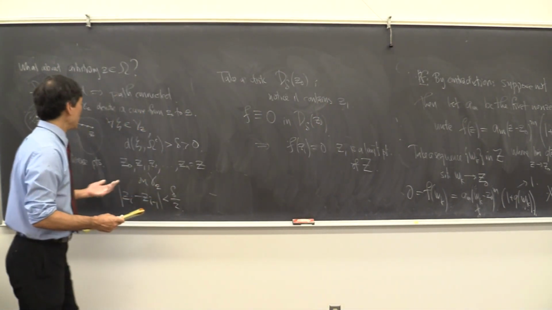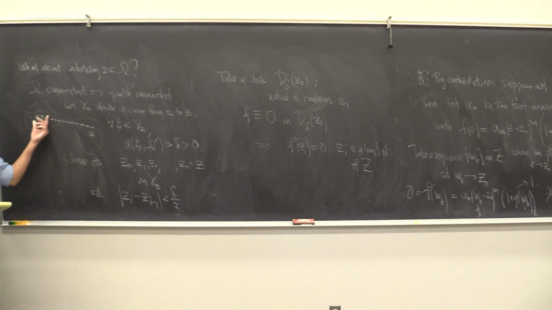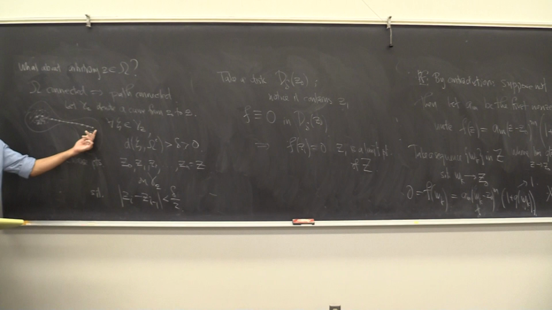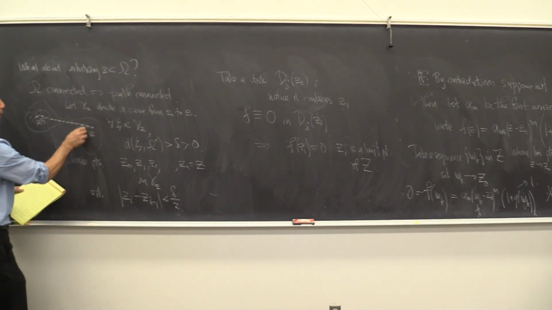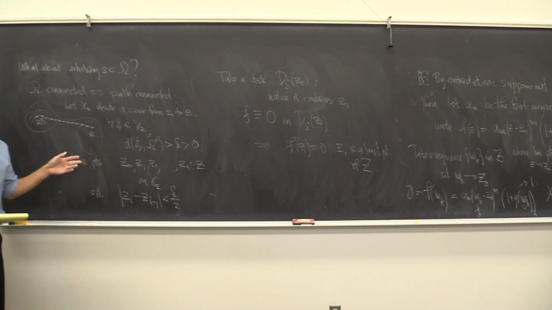And so you can take a disk of radius delta about z1, and the function must be constantly equal to 0 there, which tells you that at z2 it's 0, and that z2 is a limit point of capital Z, and so on and so forth. And so you can just bootstrap your way over to the end, and you get that the value at z must also be 0.